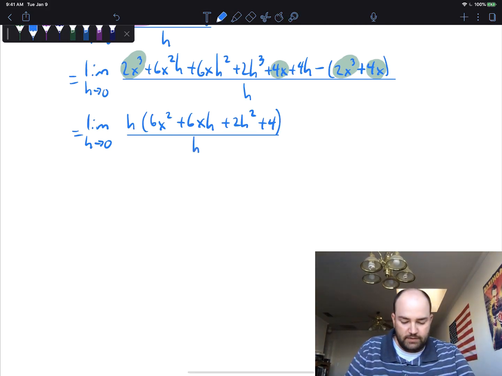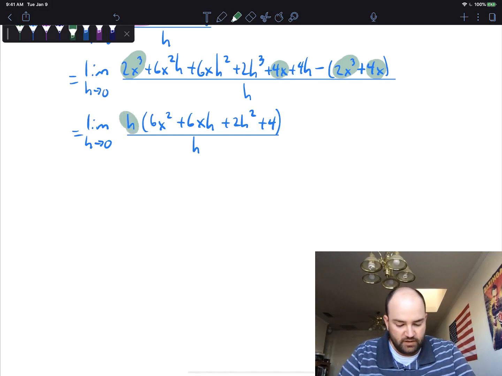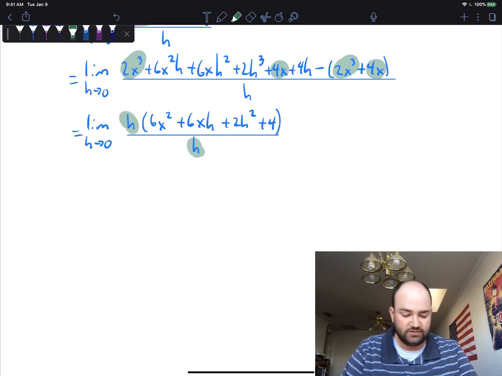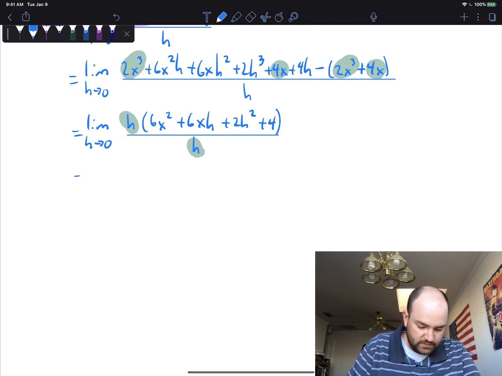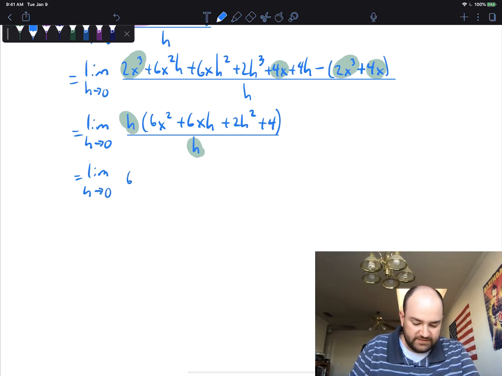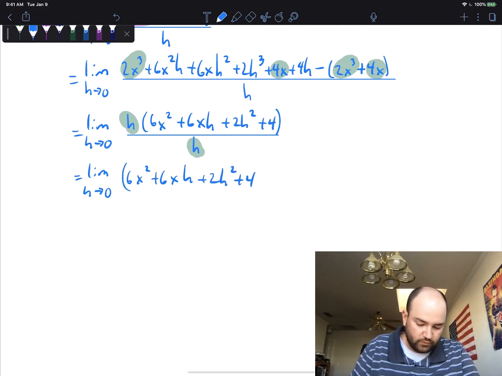And all over h. The two h's now cancel each other, and that's going to give me the limit as h goes to 0 of 6x squared plus 6xh plus 2h squared plus 4.